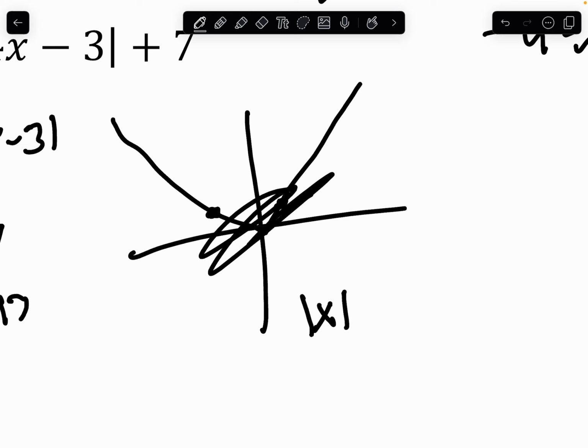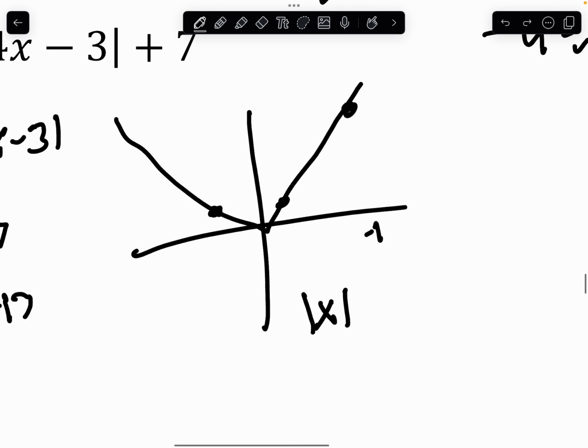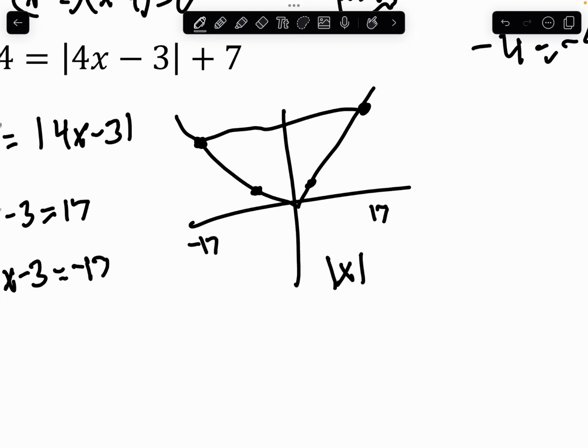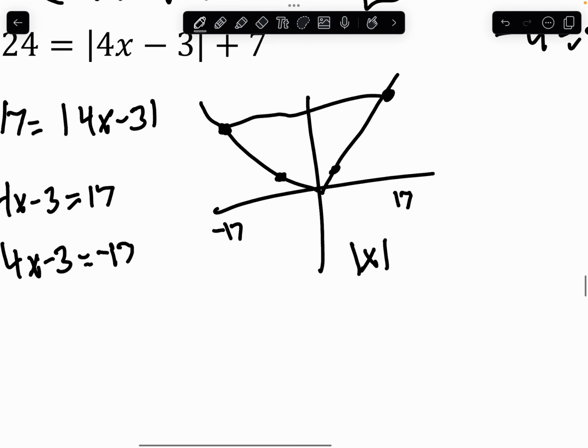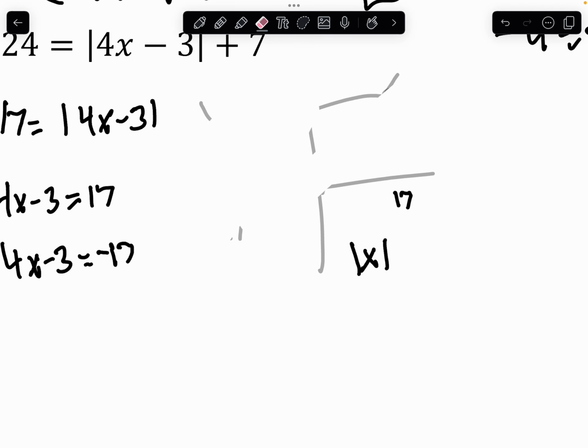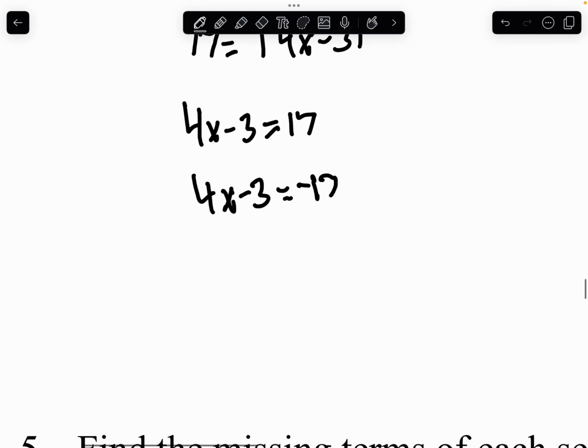So if we're at 17 up here, let's say that's x equals 17 there, and x equals negative 17 over here, you're gonna have one directly across, and that's gonna be your other answer. So that's why you have a positive and negative for this kind of function.